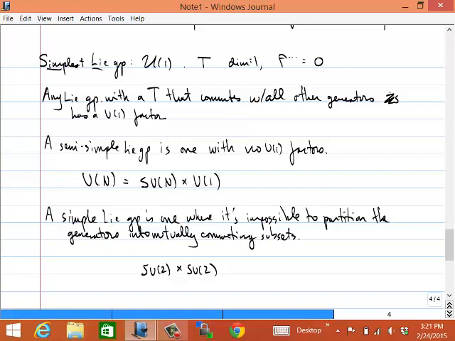Does anybody know another name for that group? Out of curiosity. It's SO4, otherwise known as the rotation group in 4 Euclidean dimensions, otherwise known as, up to a factor of i, the Lorentz group. Remember, we probably did this at the beginning of this course last semester at some point.